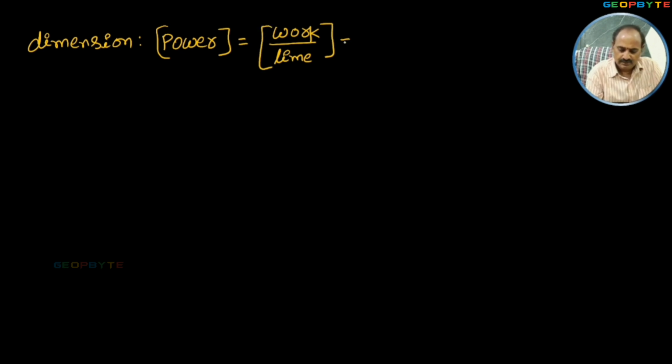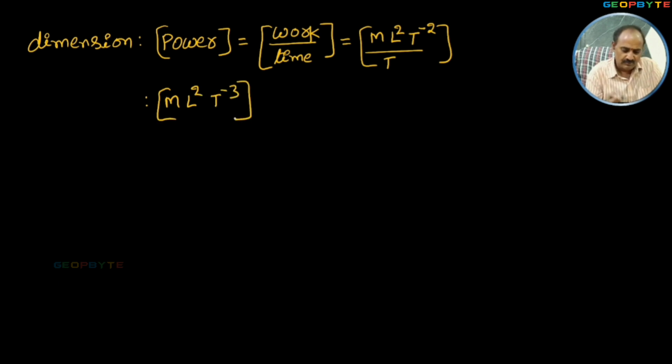Work is a kind of energy, ML squared T power minus 2, divided by the time. It is ML squared T power minus 3, the dimensional formula for power.